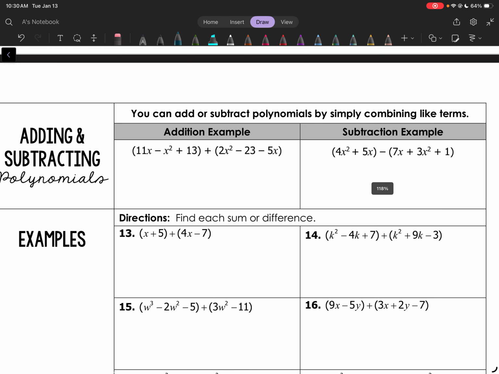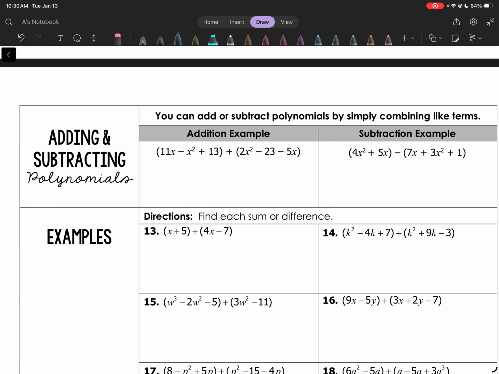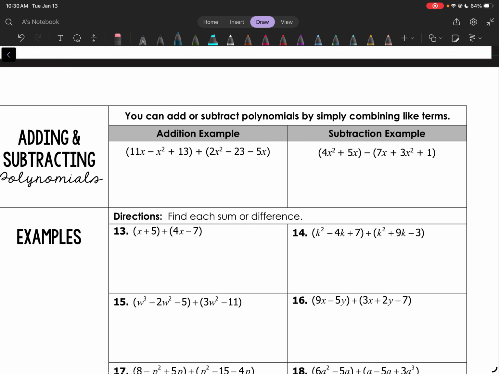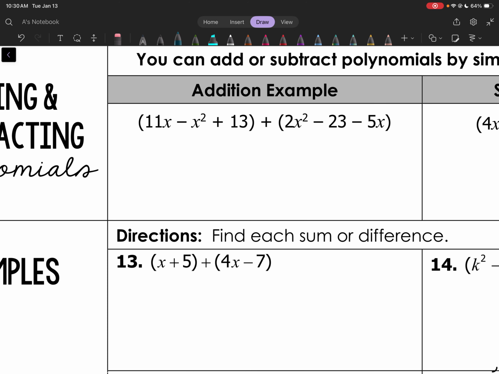Now the reason why we started with putting it in standard form and finding the degree is for adding and subtracting. It makes it easier for us if we put the expressions into standard form. So for addition, the first step, because I am adding, is just to drop the parentheses.